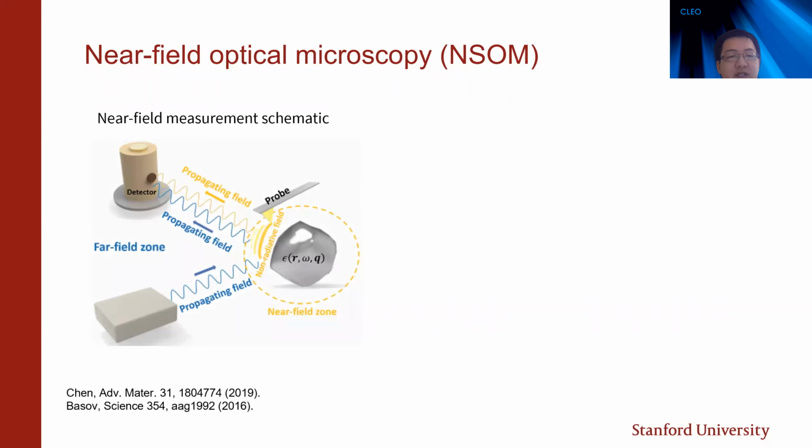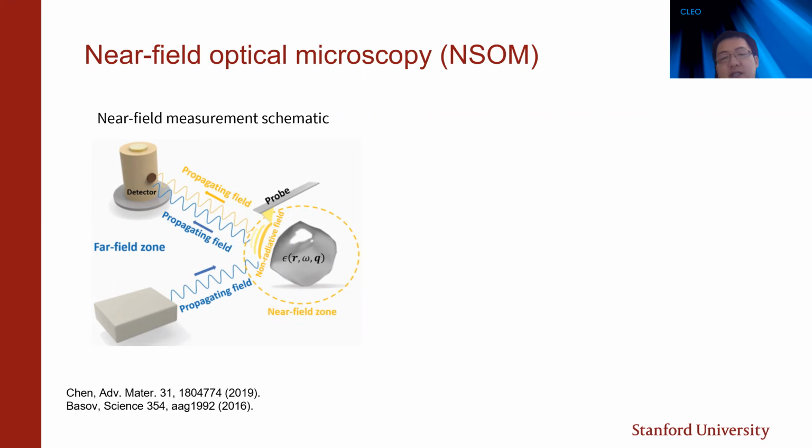The idea is to use a very sharp probe to approach the near-field zone and convert the non-radiative field to propagating field. This way, we can detect the near field by measuring the scattered light with a far-field detector.